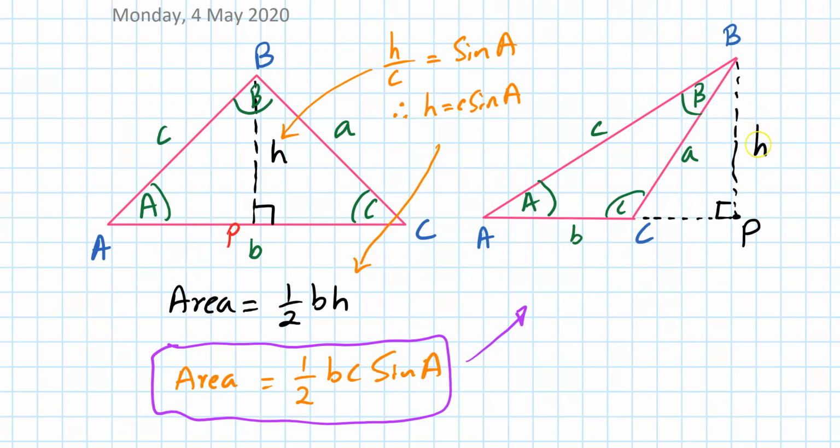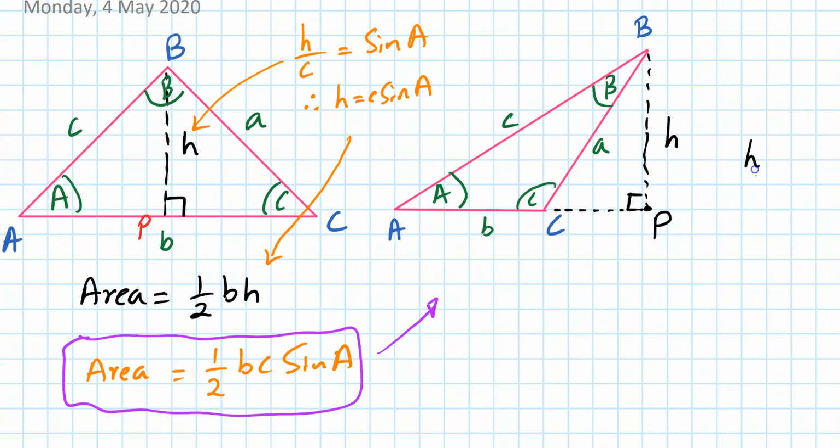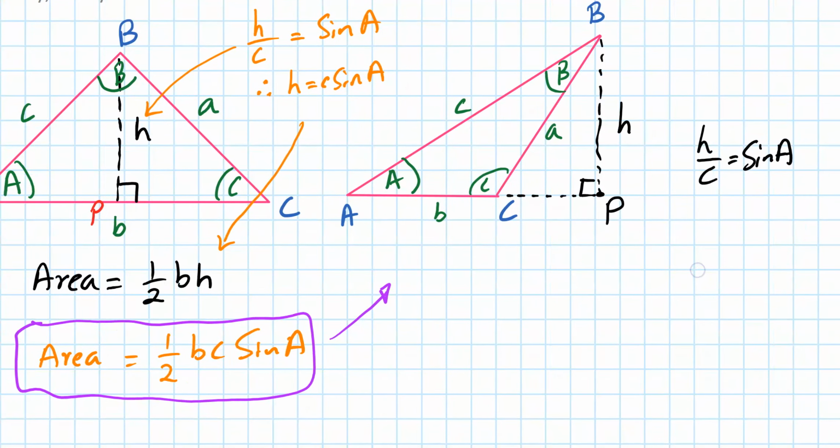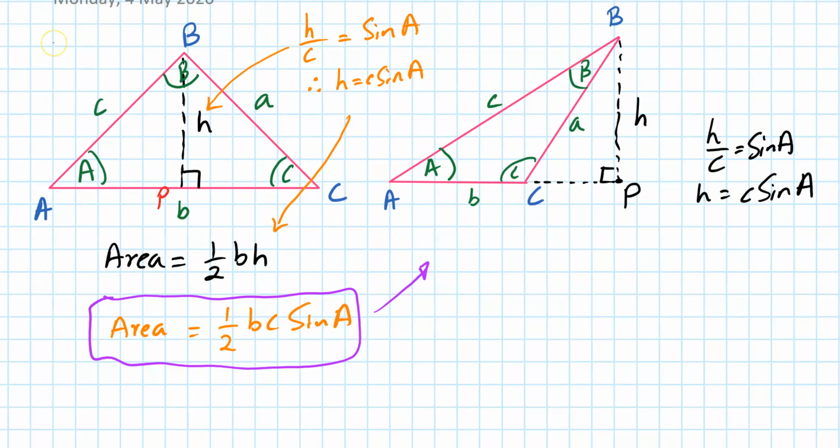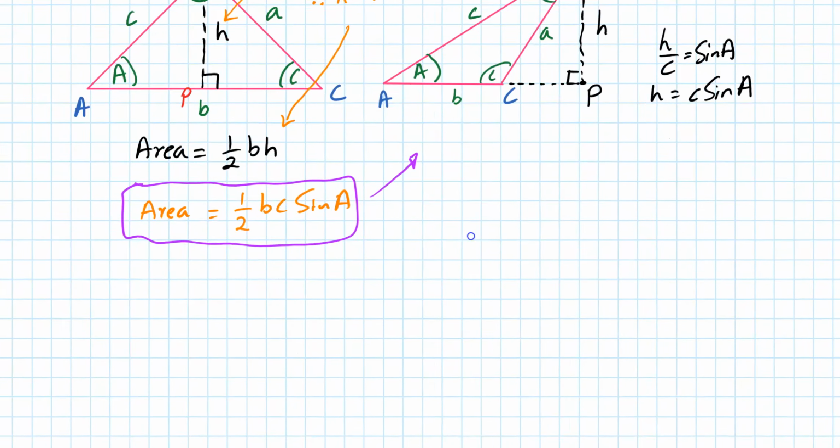Then you can apply trigonometry, and again you can write H on c equals sine A. Then you multiply both sides by c to find H, which gives me c sine A. Therefore, you can see it works for both triangles, where I have an obtuse angle at B here and then an acute angle at B here. So it works nicely. Let's have a look at an example.